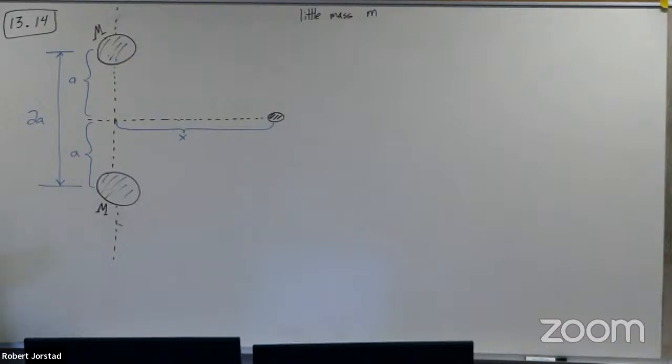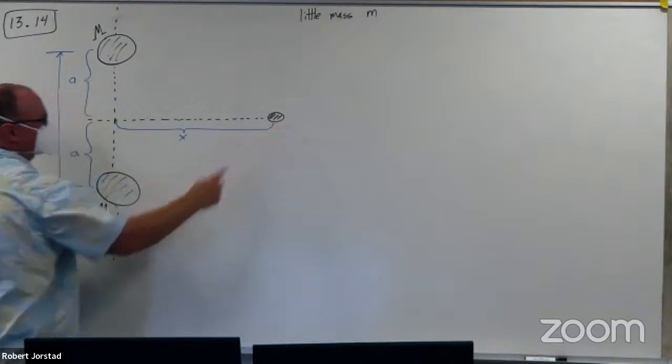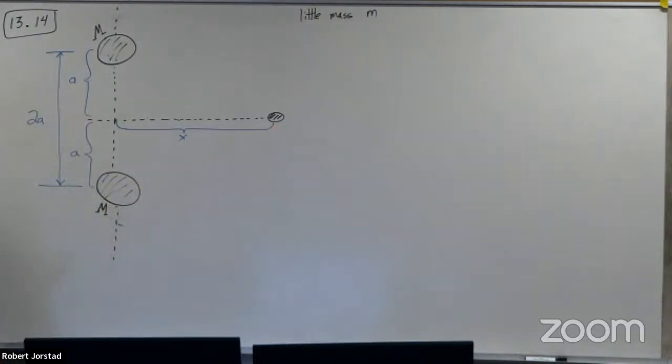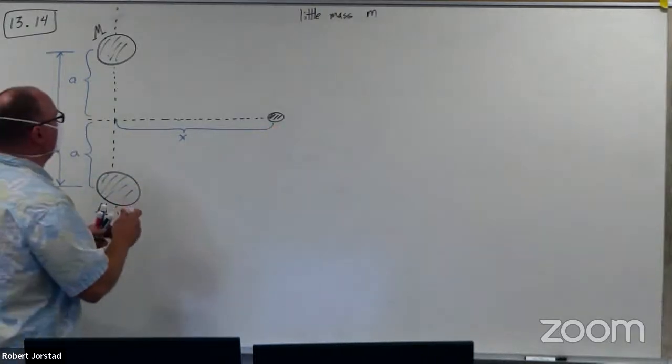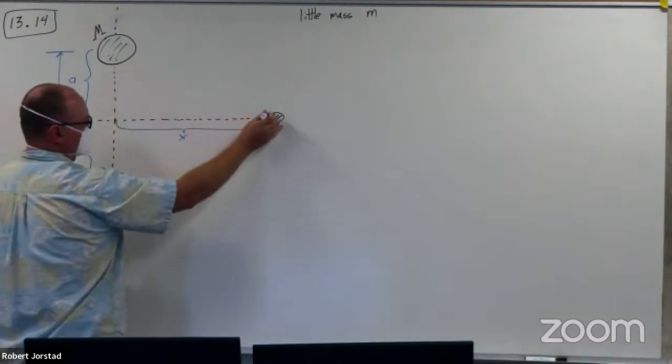The point of this is to learn how to deal with algebra and angles, because in the real world, sometimes it's efficient to model a problem algebraically when it has angles. So there's going to be two gravitational forces acting on this little mass. One of them is going to be directed this direction.